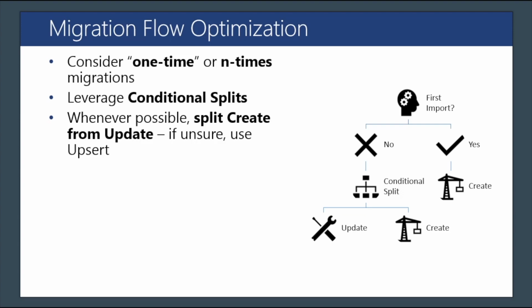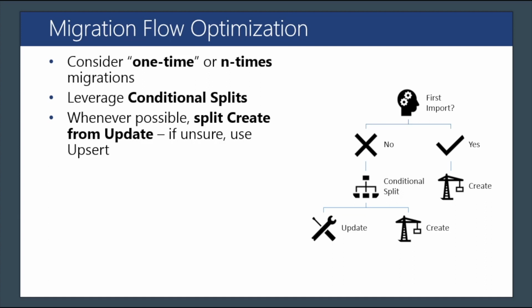Say your tooling to migrate data picks up the next record in the queue, and it will have to send it to Dynamics 365 Online. It will have to determine: will it just create the record? Is it the first time that I'm importing this data? Yes? Okay, then it's a no-brainer. I'll just go ahead and create.